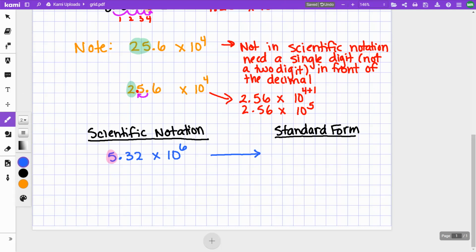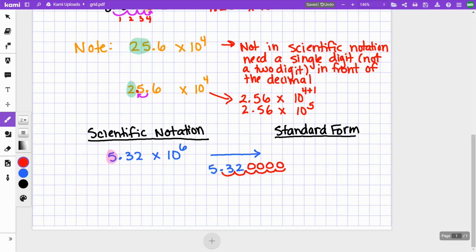So what I would do is I would take that 5.32 and I am going to take that decimal and I'm going to move it 1 time, 2 times, I have to add a 0 3 times, I need to add another 0 4 times, I need to add another 0 5 times. So I'm going to just double check 1, 2, 3, 4, 5. I need to do it one more time, 6.